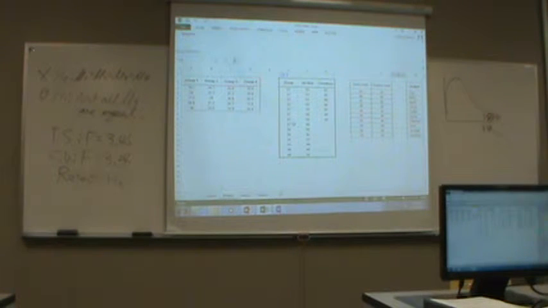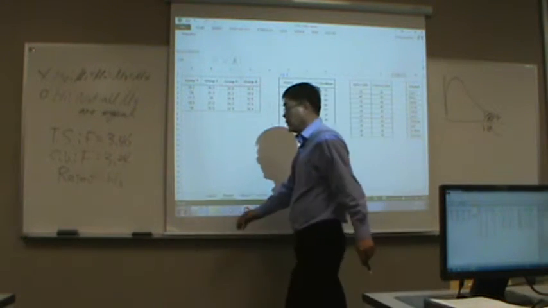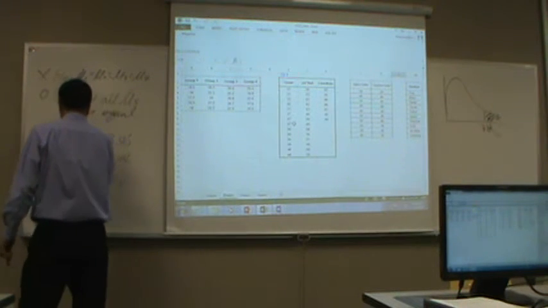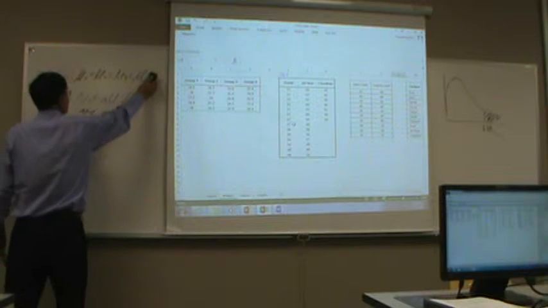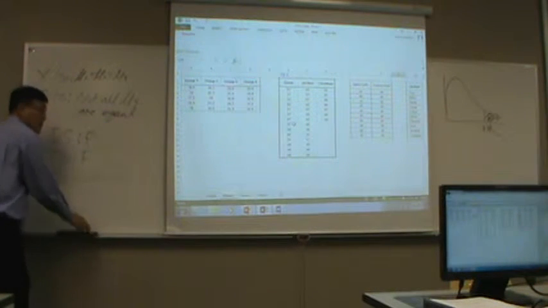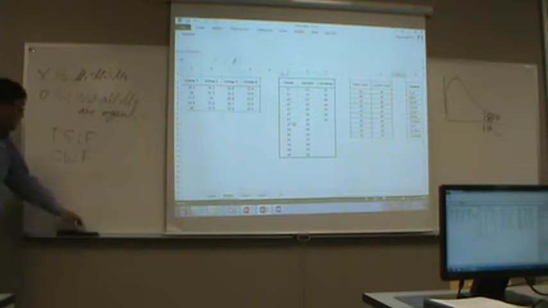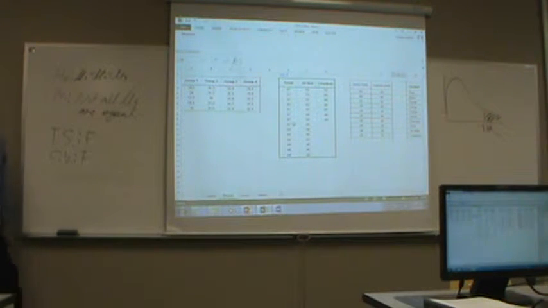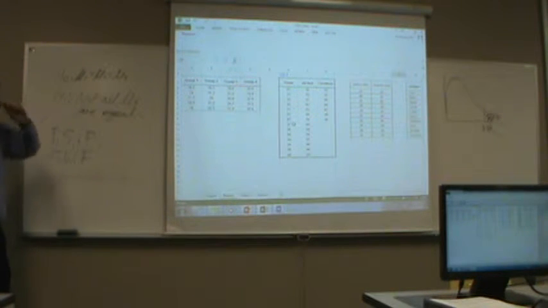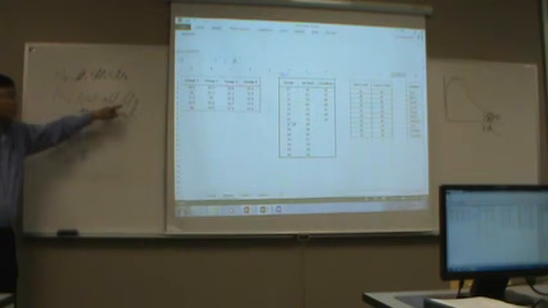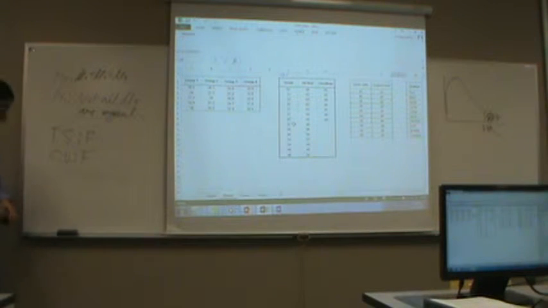Before that, we need the hypotheses. Because there are 3 groups, there are 3 samples: mu1 equals mu2 equals mu3, and then not all mu's, or means, are equal.